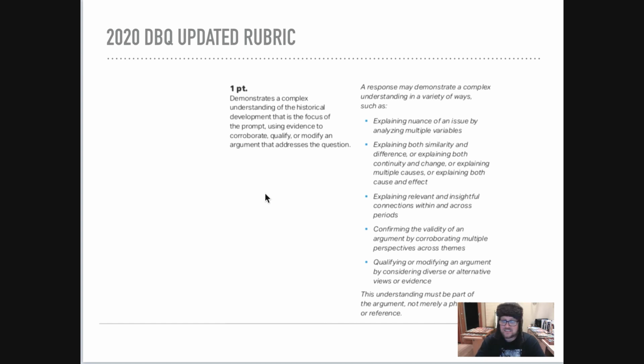But for some of you, again, it's the same way. You can show synthesis, basically confirm the validity of incorporating multiple perspectives across themes or across time periods. You can show this looking at similarities and differences, or continuity and change, or multiple causes. You can also qualify or modify an argument by looking at 2 different pieces of evidence or 2 different conflicting arguments.